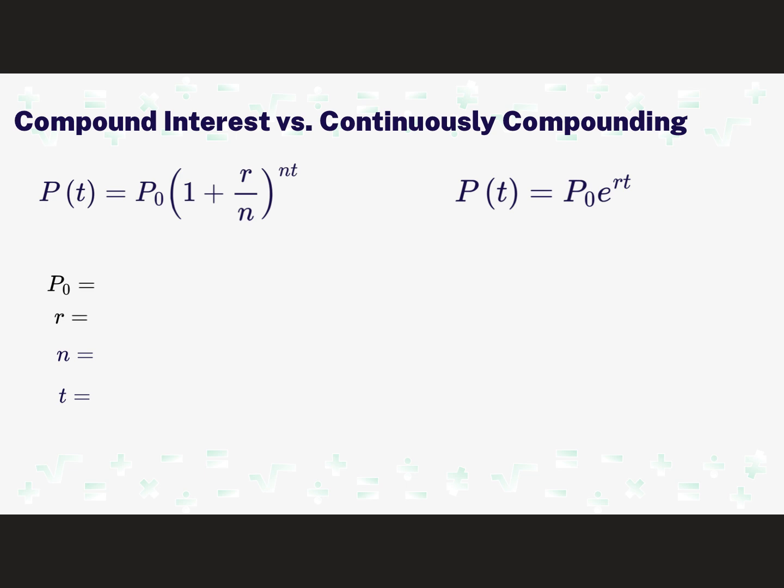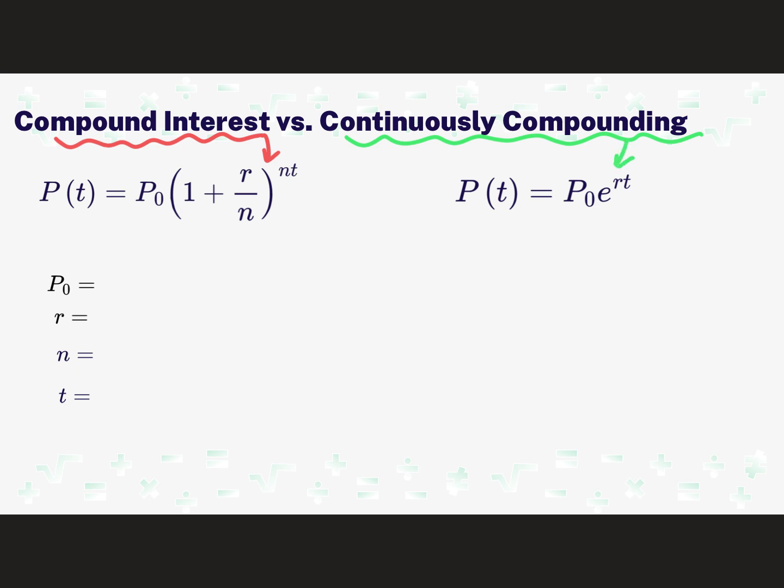So we have a couple formulas that we can use when talking about interest, talking about money in your bank account growing over time. There's two different ways that we can calculate the interest. The first one is calculating interest that's compounded on specific time intervals, versus when our interest is compounded continually or calculated continuously.